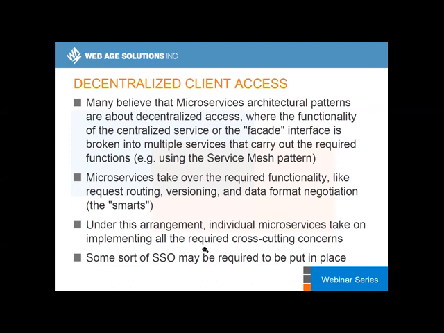In the case of decentralized client access, that's what many practitioners believe to be one of the principles. You have multiple services communicating with each other using some sort of a stub. It's sort of an RPC type of thing, and that service mesh pattern does exactly that.